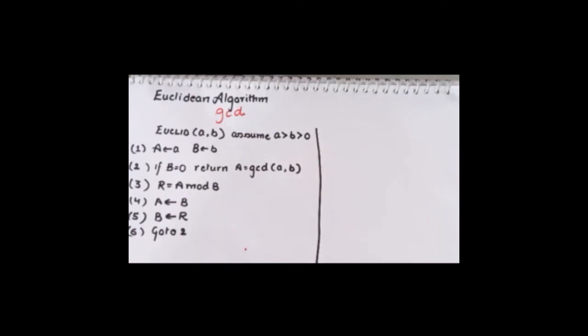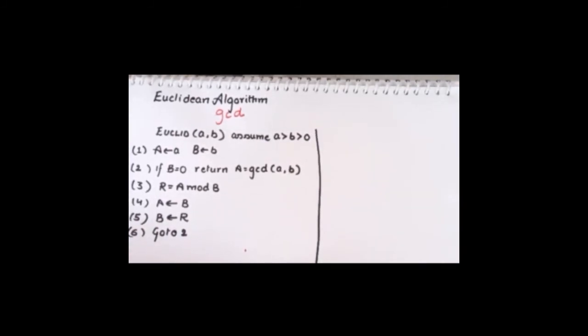Here I've mentioned the algorithm for finding the GCD, the Euclidean algorithm. Okay, let's see. This is the methodology. Using this methodology, you can also write a program for finding the GCD.